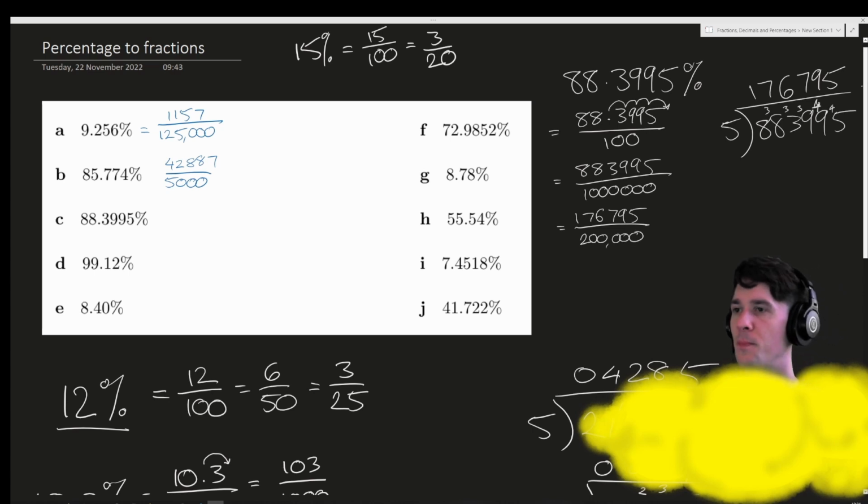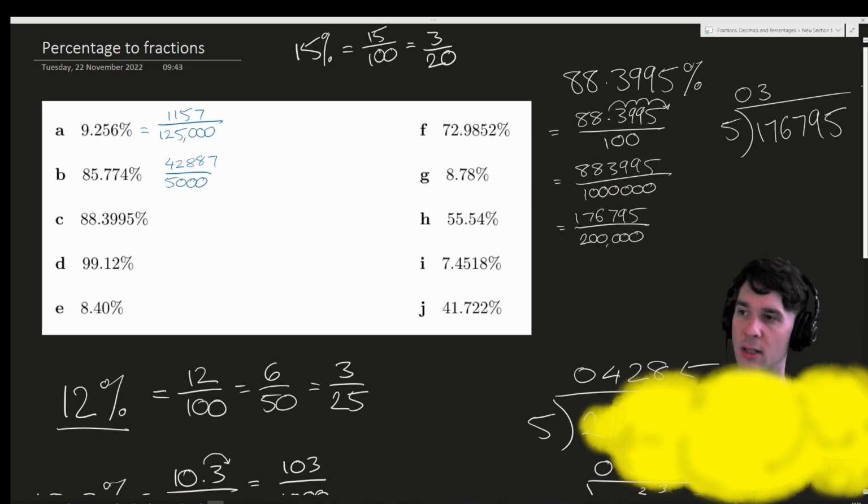My goodness. Now again, we have a number which we can divide by 5. All right, let's do it. Five goes into 1 0 times, 17 3 times with a remainder of 2, 26 5 times with a remainder of 1, 17 3 times with a remainder of 2, 29 5 times with a remainder of 4, and 45 9 times.